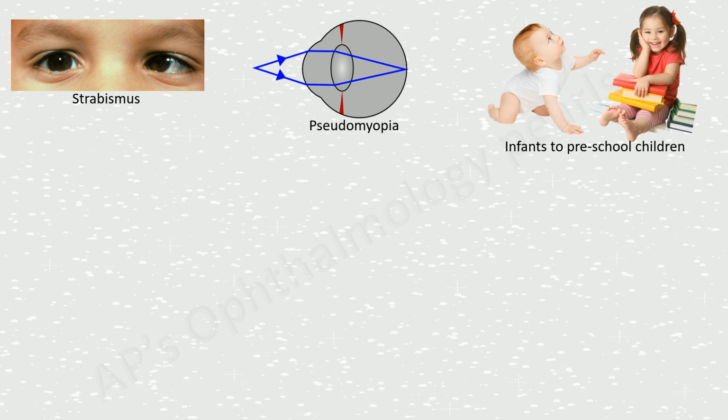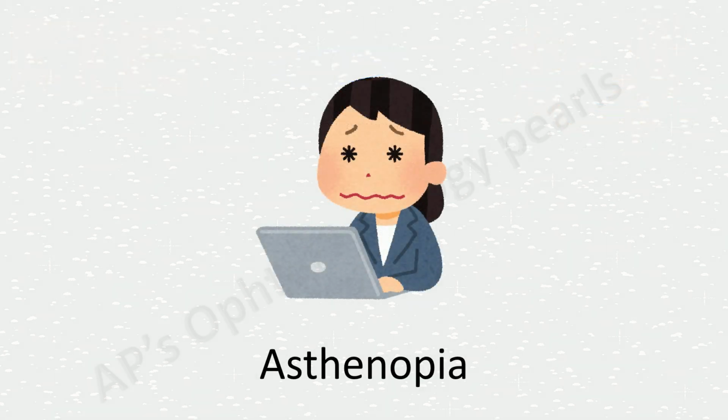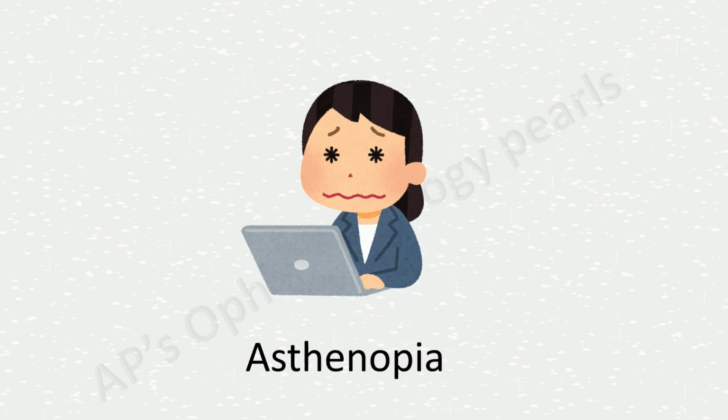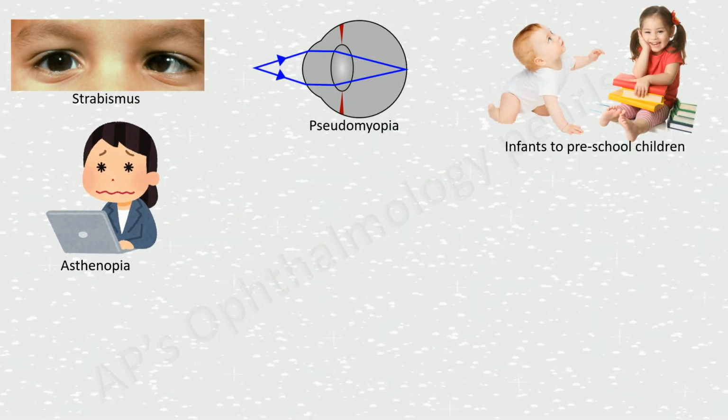In a child who has no error of refraction, that is, who is emmetropic, significant myopia and sometimes astigmatism may be picked up if he or she accommodates. The only way to get an accurate measurement of refraction in children is to inhibit accommodation with the use of cycloplegic agents. Asthenopia, especially in children and young adults.